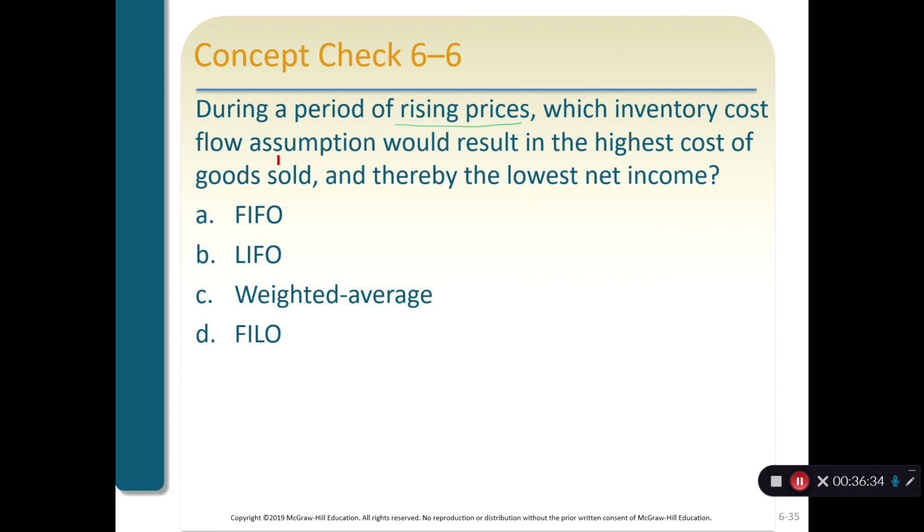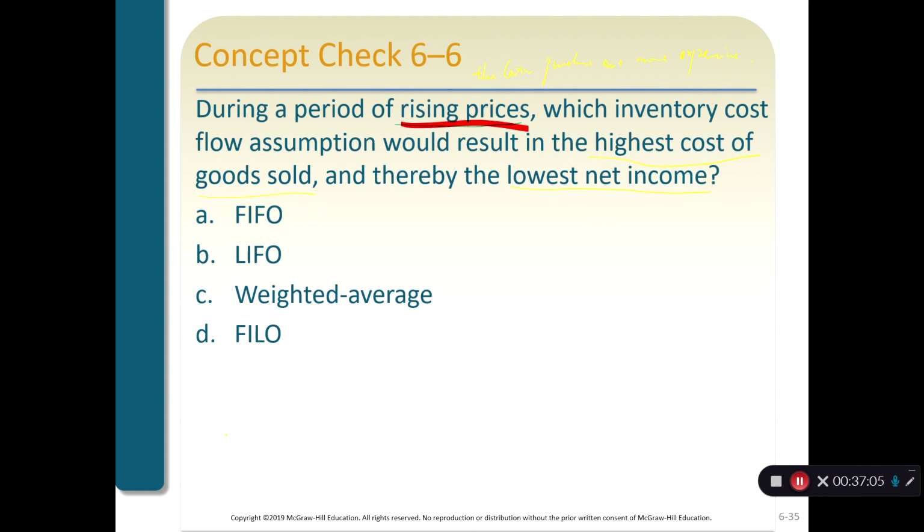So let's look at this example. During a period of rising prices, okay, this is very important, that means the later purchases are more expensive, right? So which inventory cost flow assumption would result in the highest cost of goods sold, and therefore the lowest income?